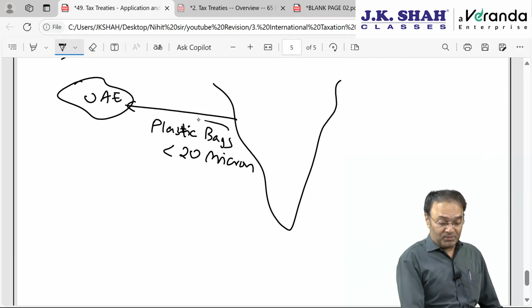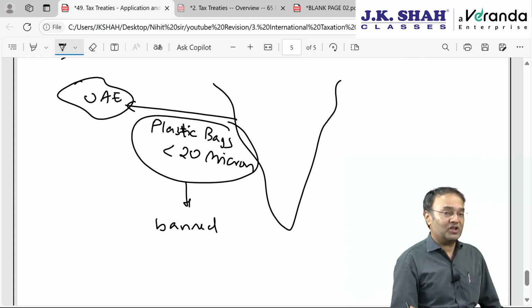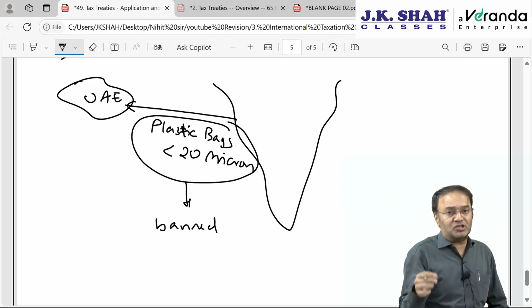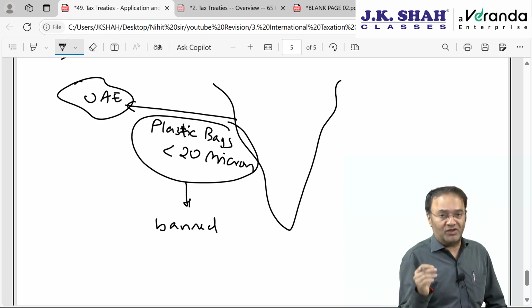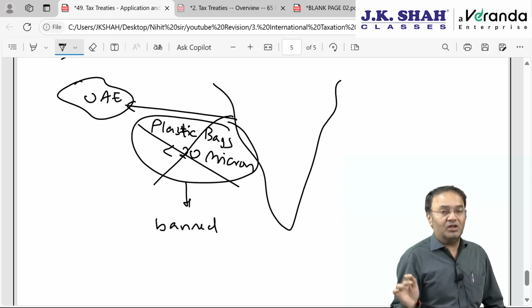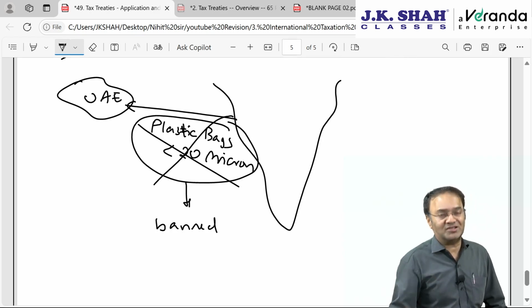Now this particular item is banned as per a new international law. So India cannot manufacture any further, but India has a 5-year agreement with UAE that India will supply. So there is an emergence of a new peremptory norm of international law, because of which this treaty itself will get terminated automatically. India cannot supply just because India has an agreement.